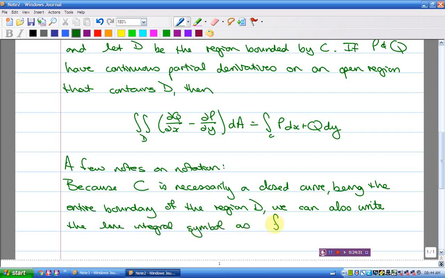I've shown that to you before. It's got a little ring on it just to show that C is a closed curve.